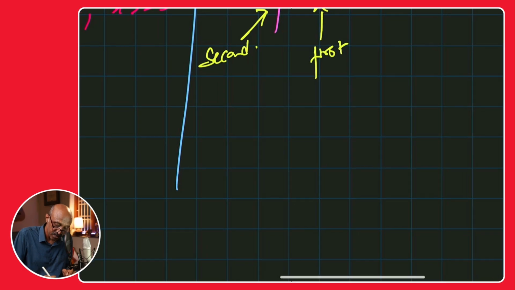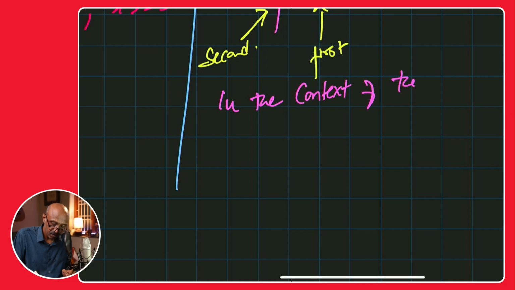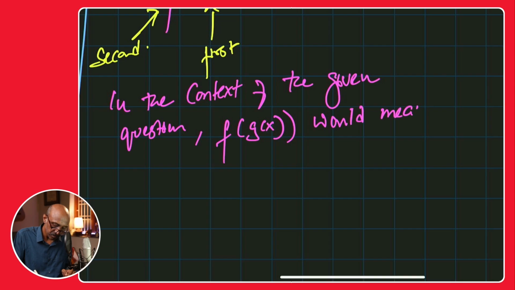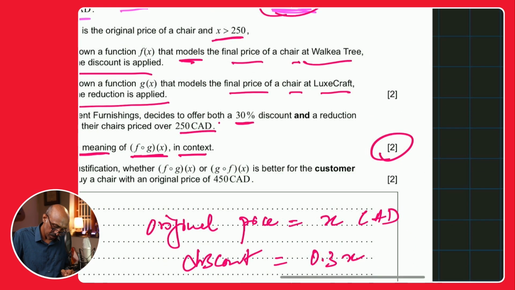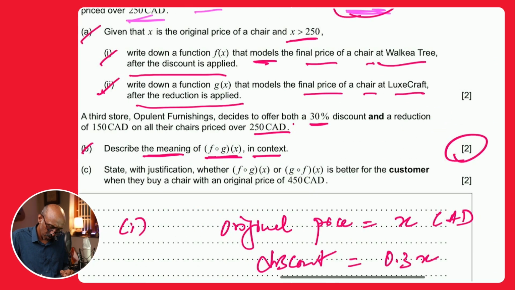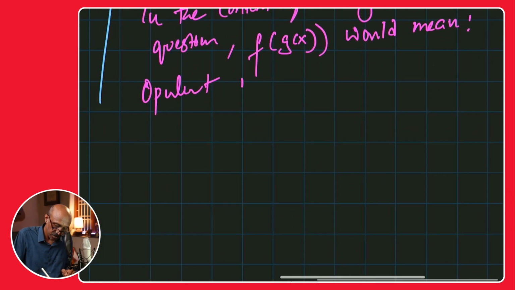So in the context, this is how I would write the answer to this question. In the context of the given question, f of g of x would mean: Opulent Furnishings offers, first, make sure you write the first, a reduction of 150 Canadian dollars, and then a 30% discount on the resulting price. Did I get this spelling right? I'm so picky about small things. Yeah, I got it right.